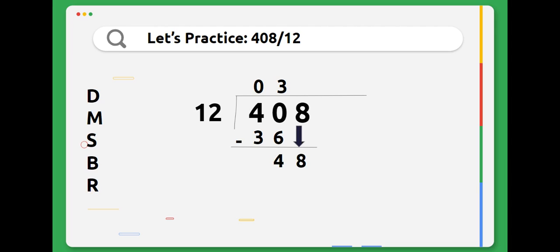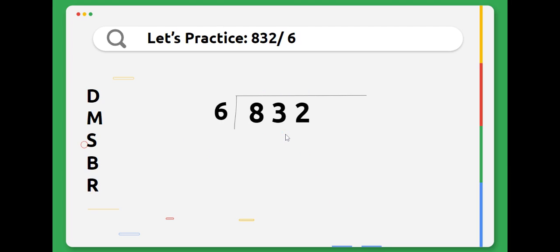So let's repeat. See how many 12's go into 48. 12, 24, 36, 48. Well, 4 times 12 is 48. Sister's going to subtract. Brother says there's no new numbers to bring down, and Rover says that's a 0. So our answer is 34.